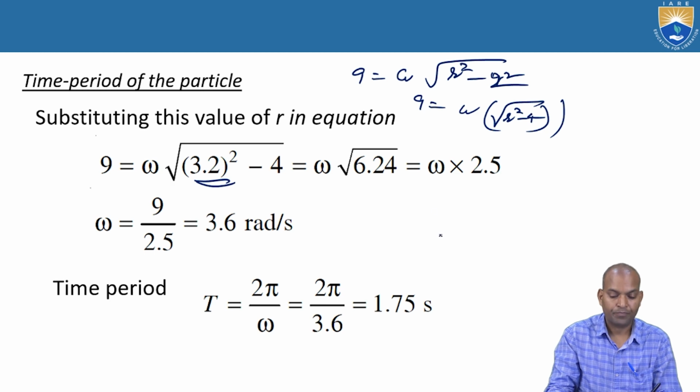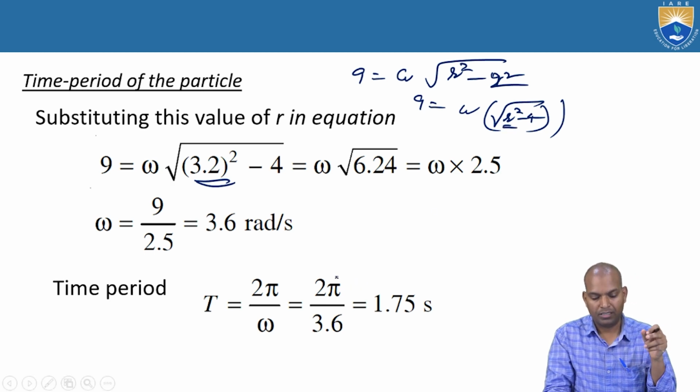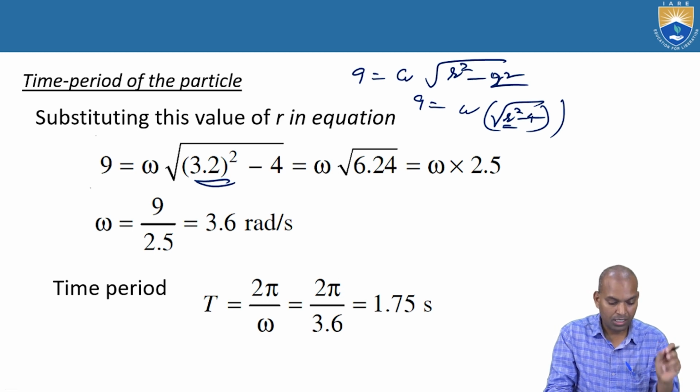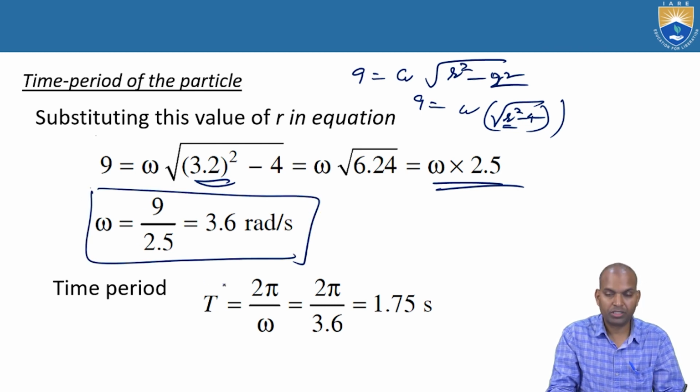Substituting r equals 3.2, 3.2 squared minus 4 gives a real value, not an imaginary one, 2.5. So omega times 2.5 equals 9, and omega equals 9 by 2.5, that is 3.6 radians per second.